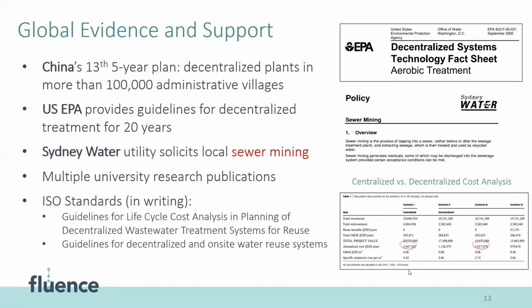The first column is scenario 1, centralized, and then they present three different decentralized scenarios, and they show the costs are always lower and might be even much lower.